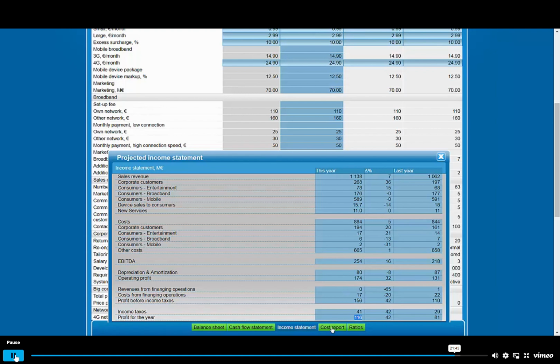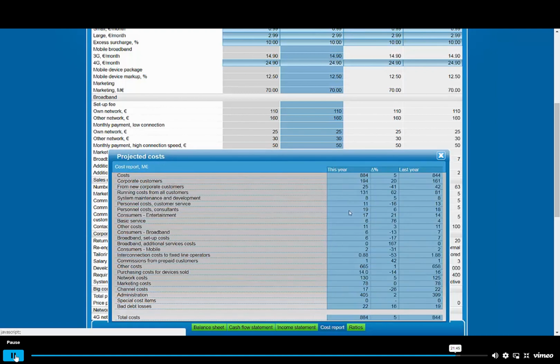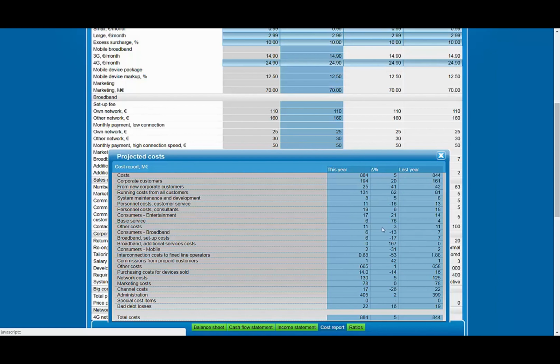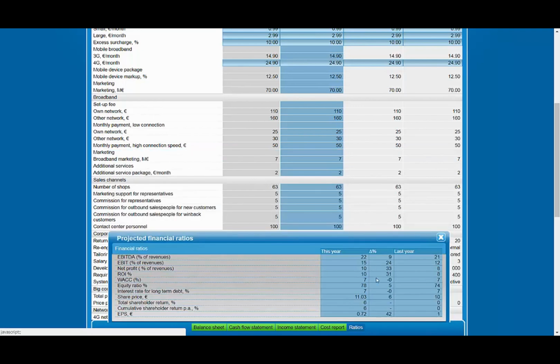Then we have the cost report that shows costs, and again here, looking at the differences between the previous round and this round can reveal some valuable information. And finally, there are a few ratios that are also available for you to see.